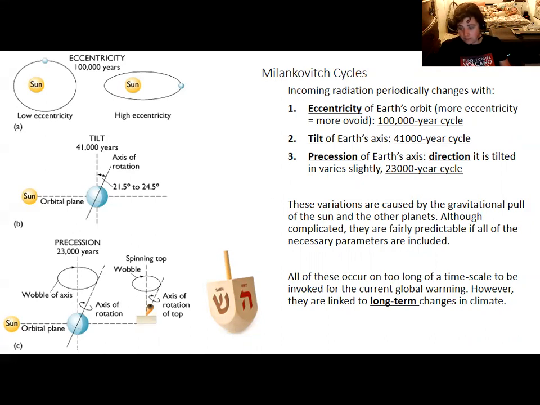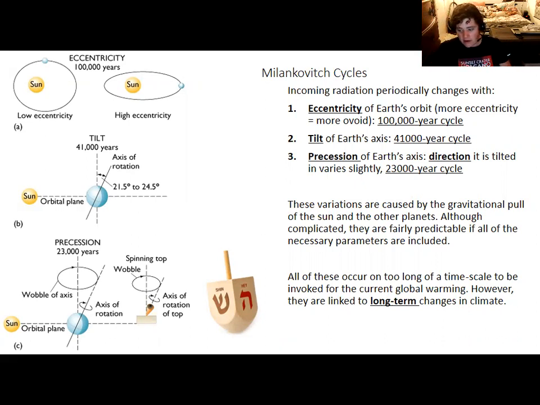And the last Milankovitch cycle is precession, which also somewhat relates to the tilt of Earth's axis, because if we set aside the angle of the tilt, the hypothetical line along Earth's axis from the South Pole through the core to the North Pole points in a particular direction out in space, such that the line is looking towards different stars, essentially.